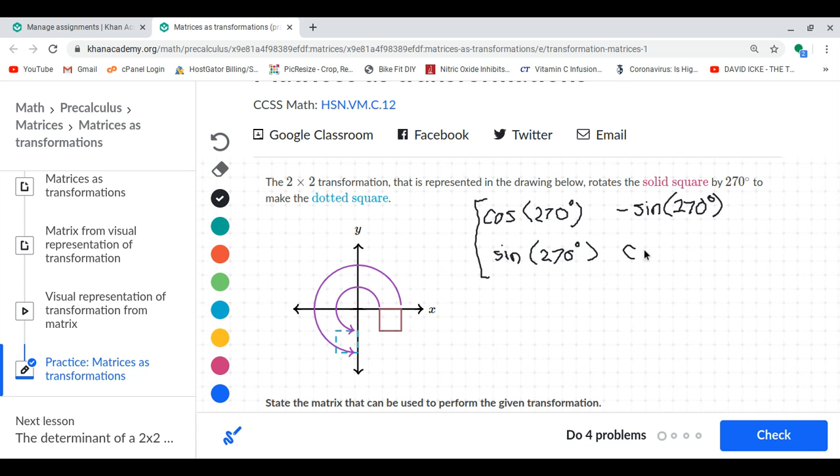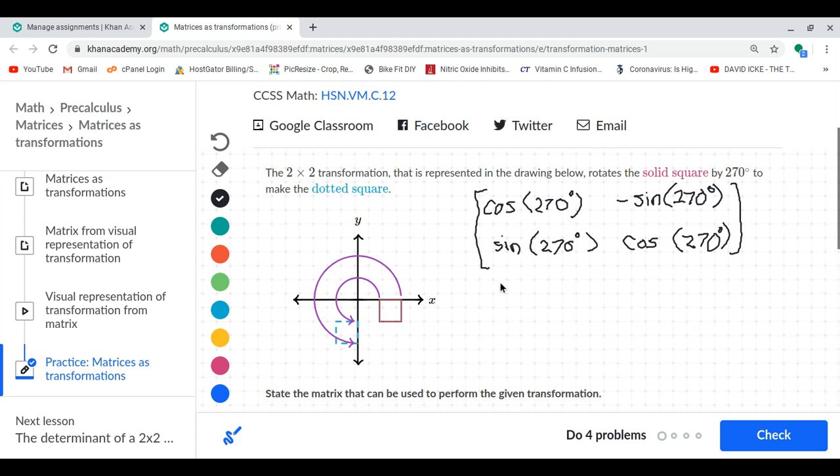And here we have cosine. Okay, so one thing, cosine of 270 is going to be 0 because the adjacent side is effectively 0. So 0 over the hypotenuse is 0.